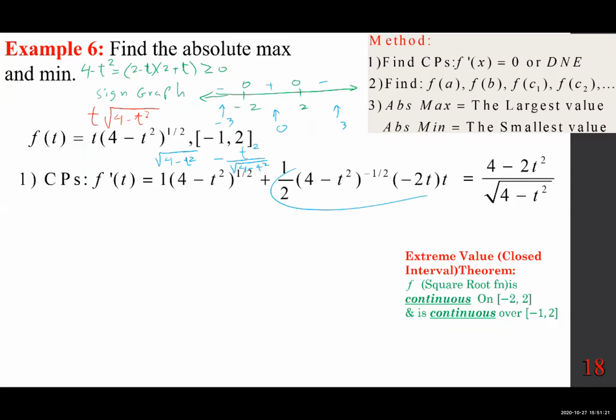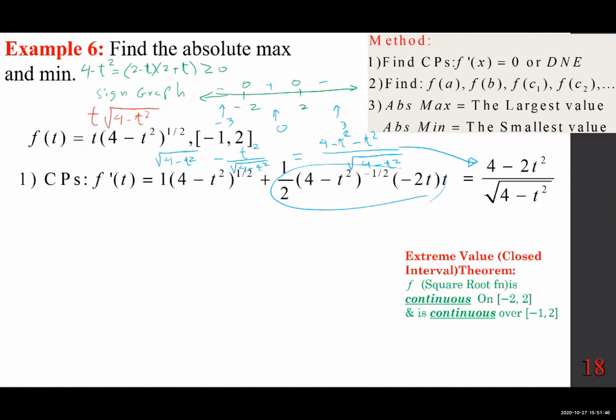If we take the common denominator, which is the square root of 4 minus t squared, we multiply by the square root of 4 minus t squared, which gives us 4 minus t squared, resulting in this. This is algebra class, and I hope you are comfortable with that.